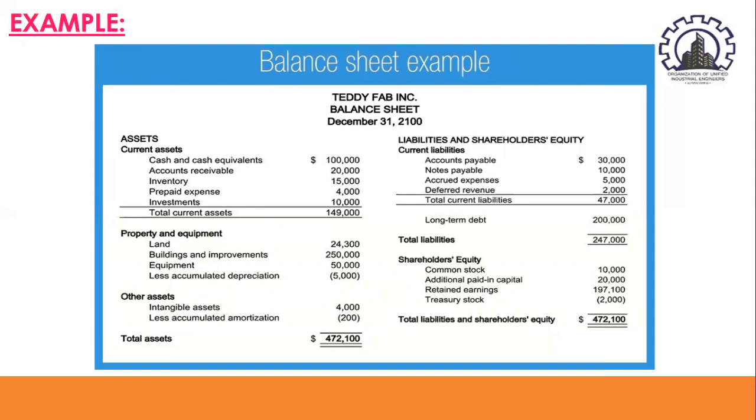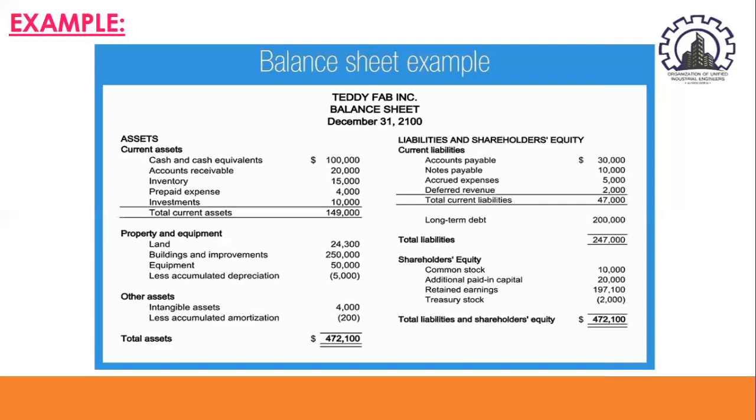By the way, some companies put as of December 31st, 2020, or as of December 31st, 2021. Now remember, the word as of means that the statement contains cumulative figures from the start of the business commercial operation up to the present statement date, okay?